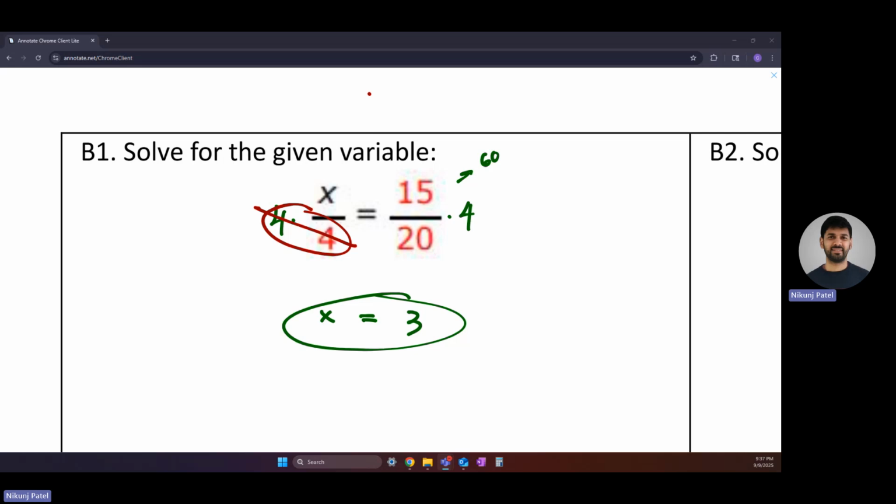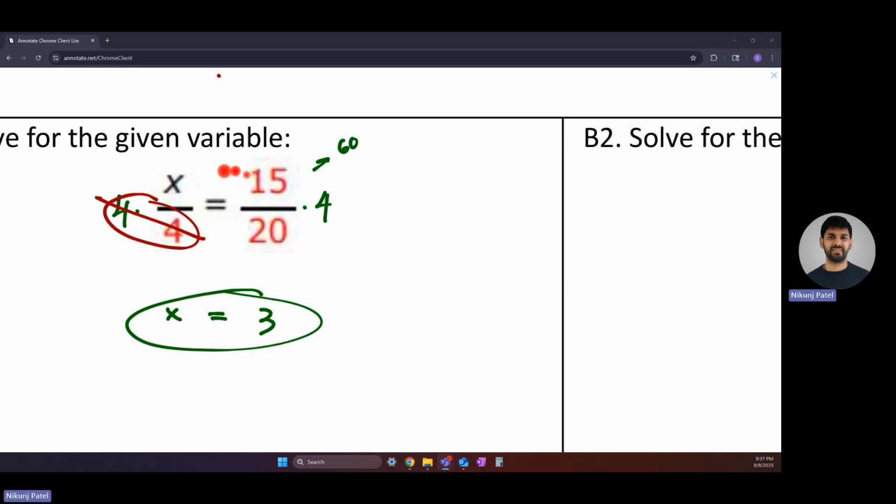Another method in a situation like this one where you just have two fractions, no other pluses or minuses, is you can do what's called cross multiplying. Cross multiplying means you take the number on the denominators and you multiply them across to the top numerator value on the other side of the equation.